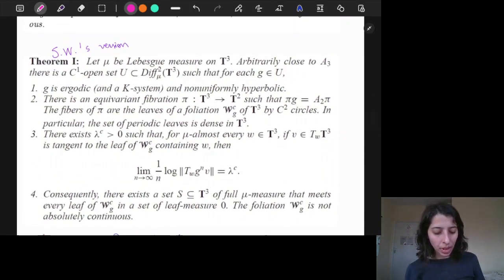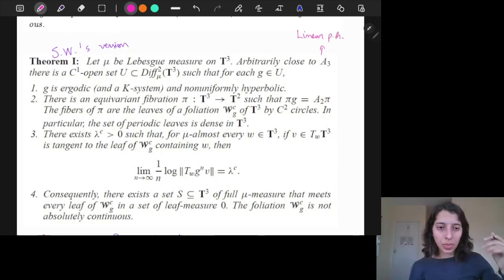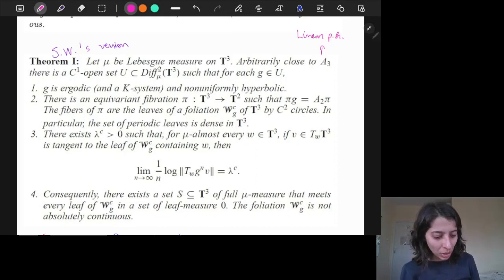Given the Lebesgue measure on the three torus, we can have maps close to a given linear partially hyperbolic map. So this linear partially hyperbolic map has a central foliation that is absolutely continuous. Here the foliation is not pathological.